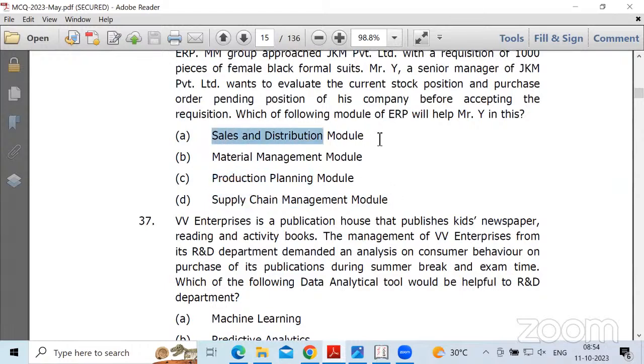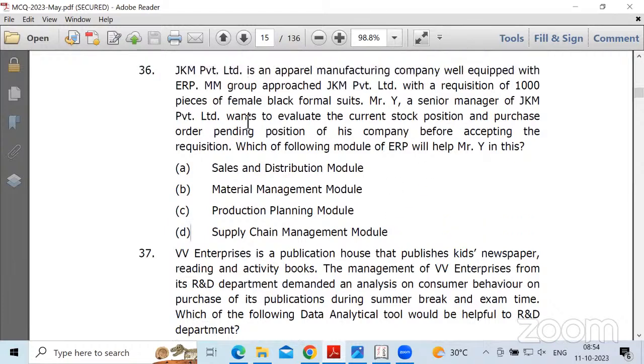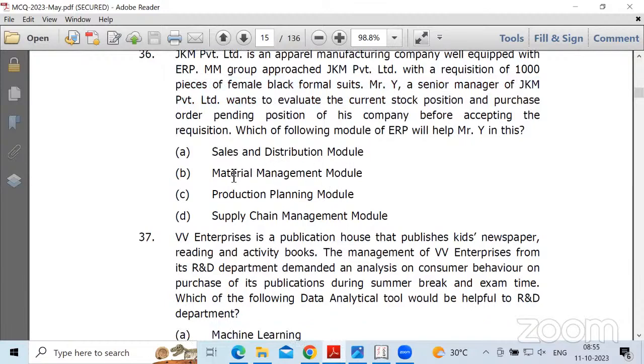Sales and distribution is related to sales. Material management is related to material in, out, etc. Production planning talks about when the production is commenced, when it will be completed, how much is available, etc. Now, the senior manager wants to evaluate the current stock position, so it is the material management module.